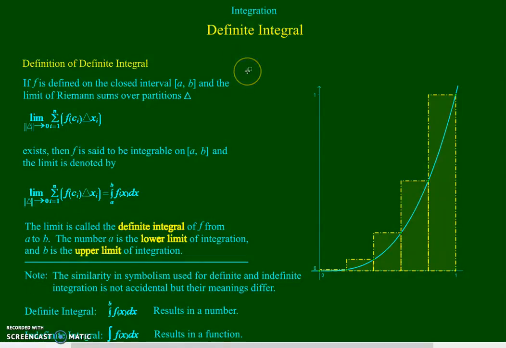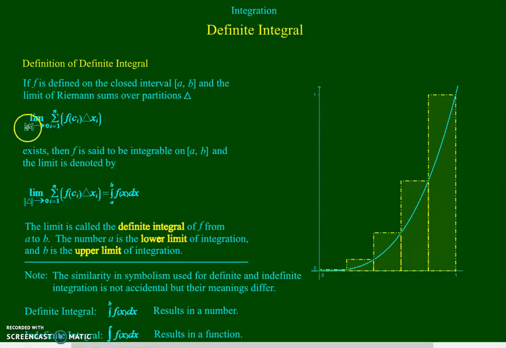Now, when we go ahead and take the limit of a Riemann sum, we come up with a brand new quantity, the definition of a definite integral. If f is defined on the closed interval [a, b], and the limit of Riemann sums over the partition delta exists, that is, the limit as the norm of the partition approaches 0.